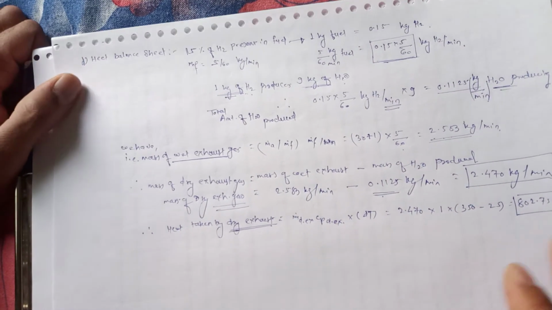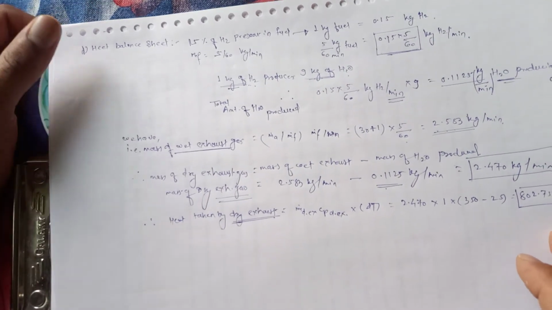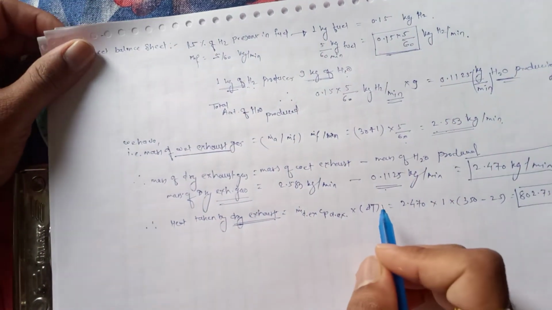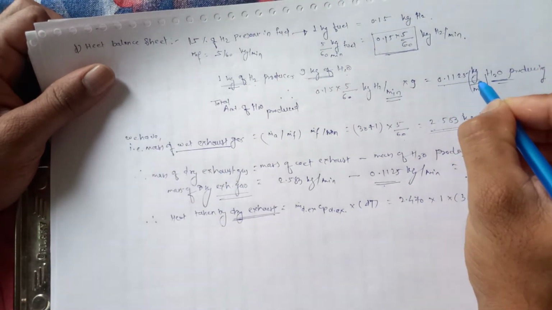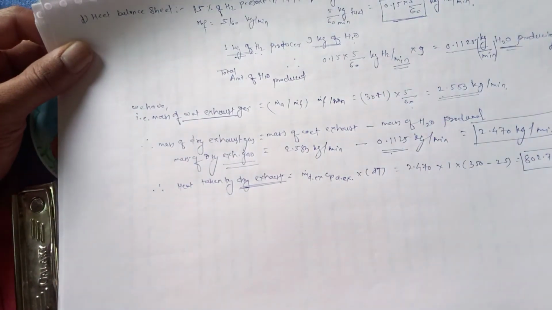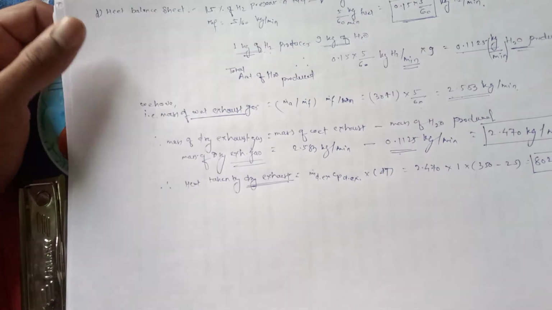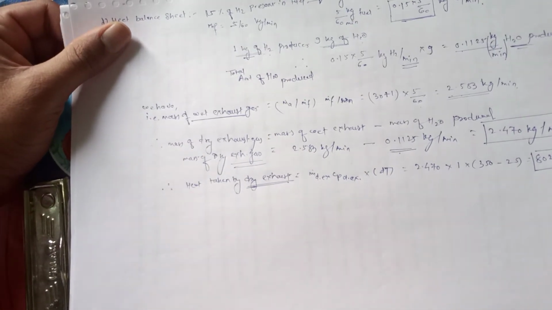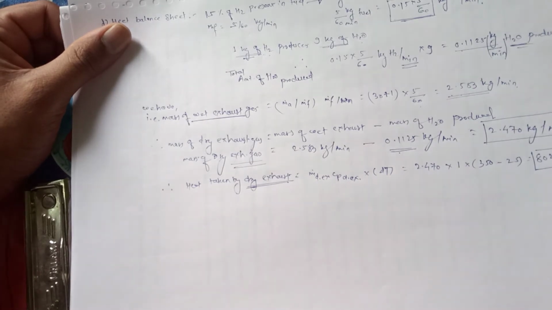Yes, so we can calculate the heat taken away by this steam also. What amount of steam are we producing? 0.1125 kg per minute. So we know the mass flow rate, but we don't know the exact enthalpy or the net heat taken away by this superheated steam.